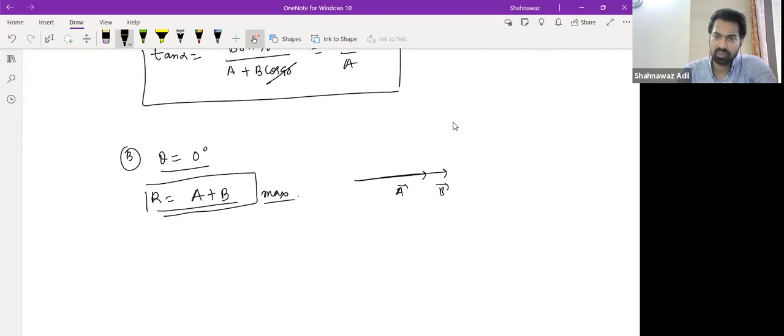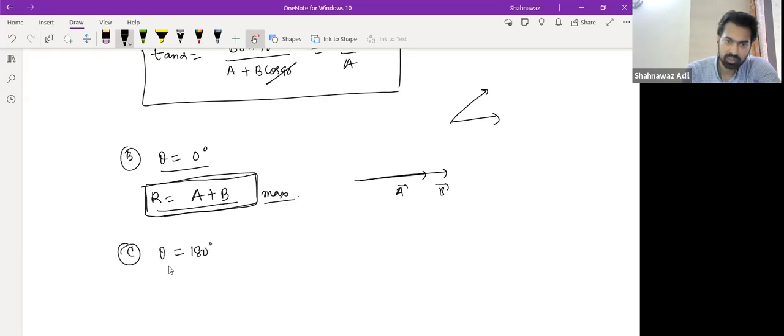And let's say the third case is 180 degrees. Let's say this is A vector and this is B vector. So R would be simply A minus B, the magnitude we are talking about.